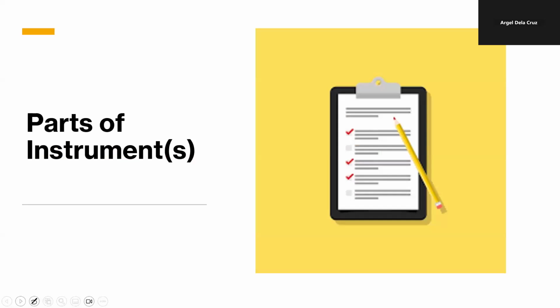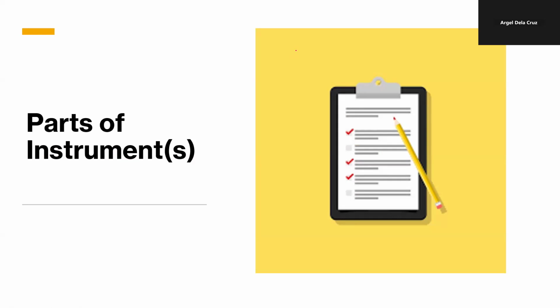So again, as we're discussing, parts of the instrumentation. So lipat lang ako. I'm going to discuss to you the parts of the instrument, what we need to present to your panel experts. Okay. Ito ang kailangan nyo i-present sa panel experts nyo.